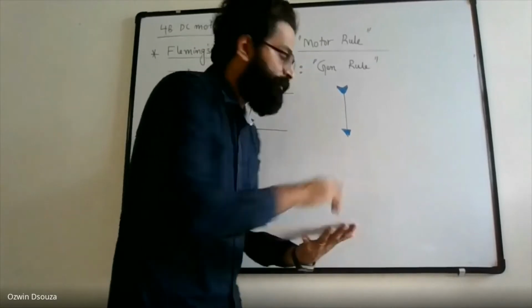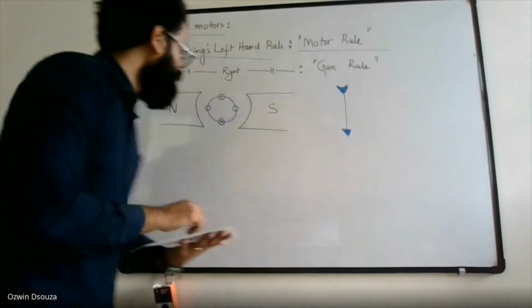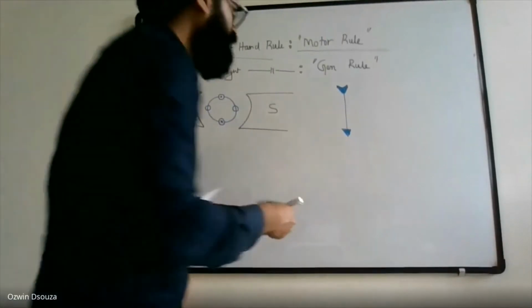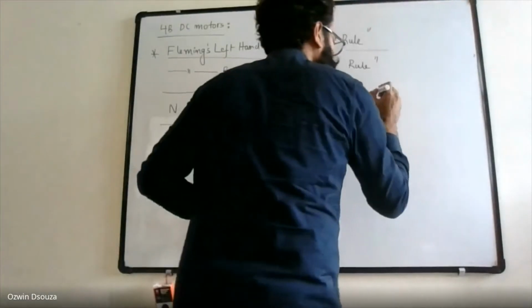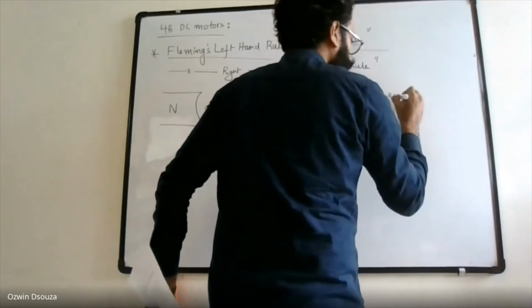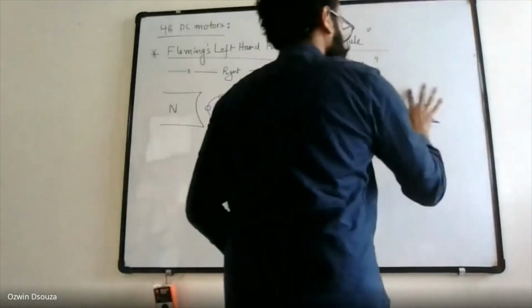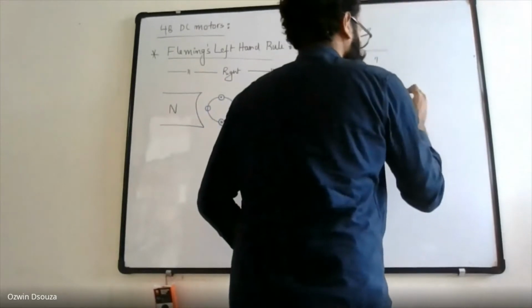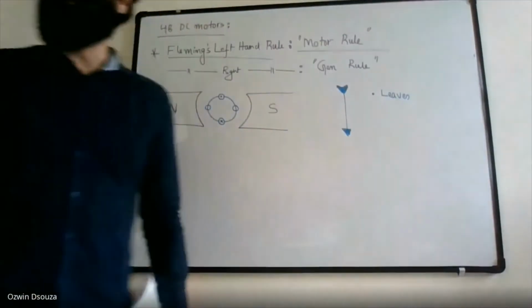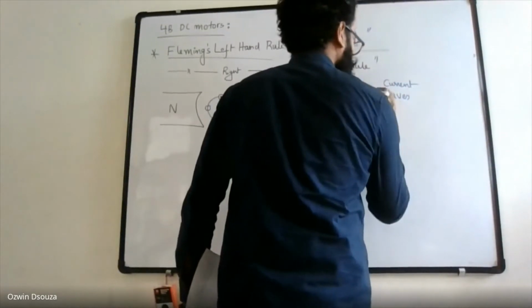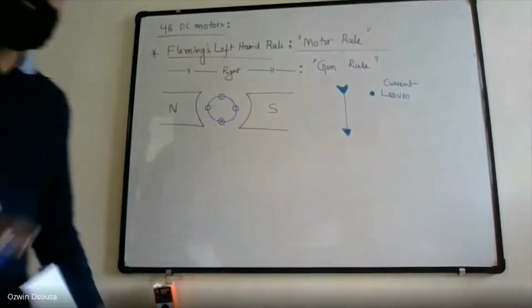The tip of the arrow is a pointy end, and the pointy end is nothing but a dot. So the dot basically refers to current leaves. At the dotted terminal, we say that current leaves.